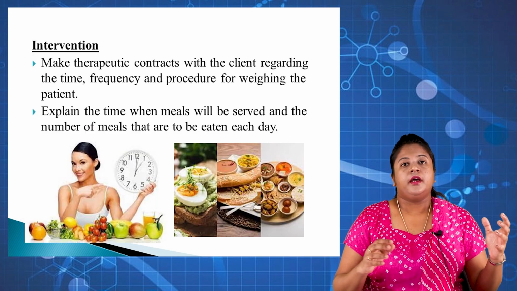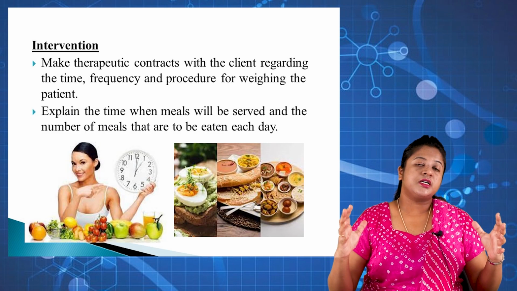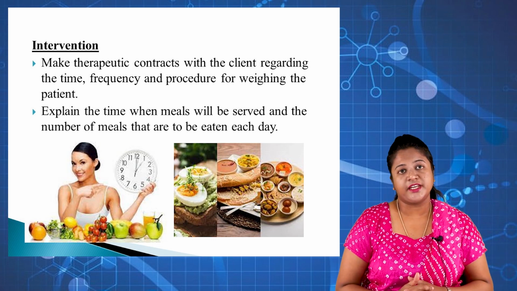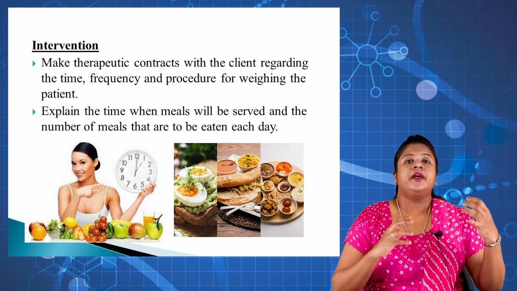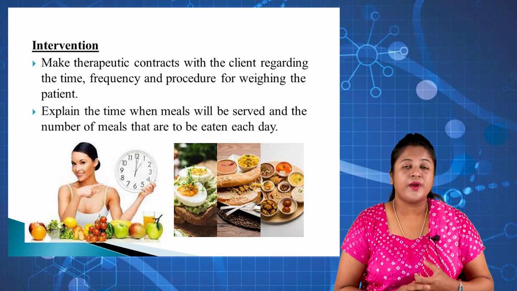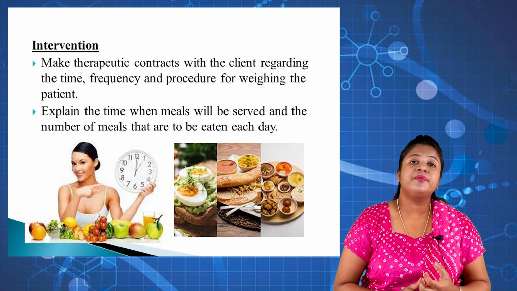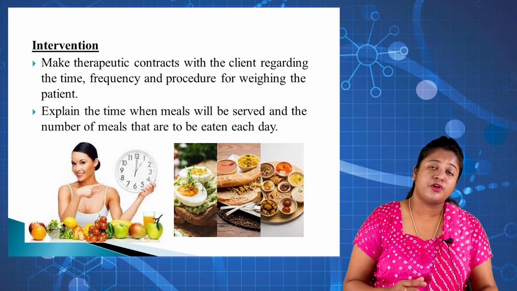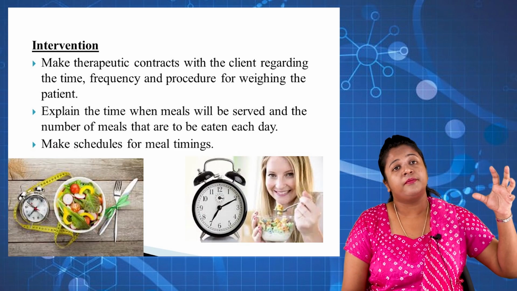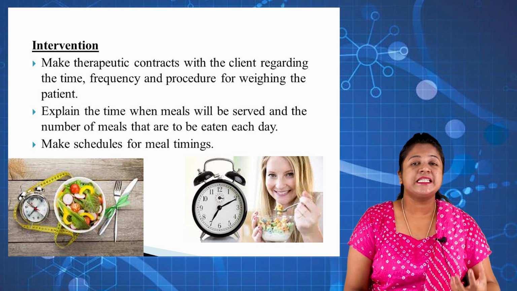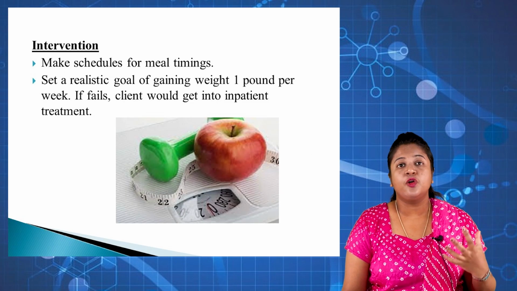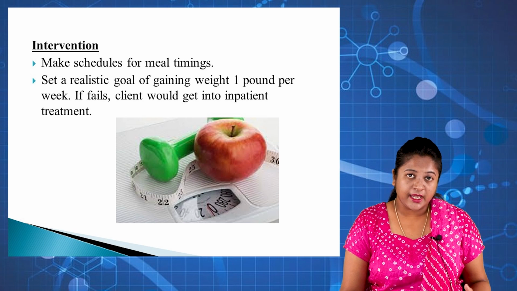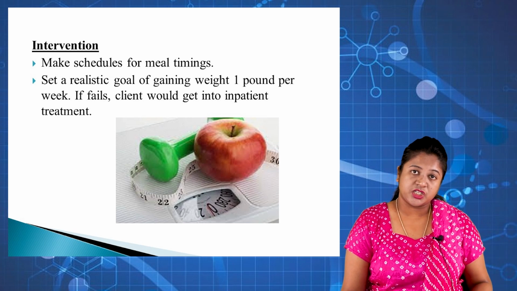As a nurse, you're going to make a complete schedule for the client in terms of the eating pattern. Explain about the meal timings, when the meal will be served, the number of meals that the client is supposed to eat in case of anorexia nervosa or even bulimia nervosa. Make a schedule about the meal timings. Make a realistic goal that can be attained by the client, say for example 1 kg per week.